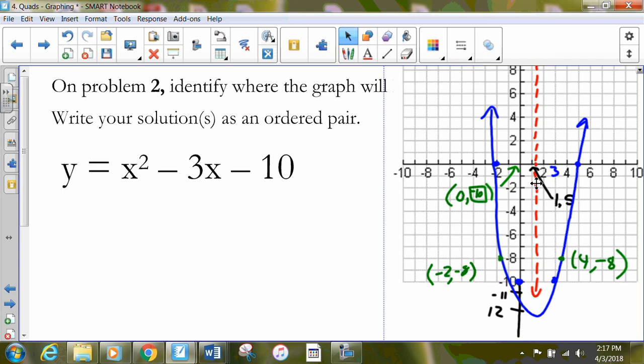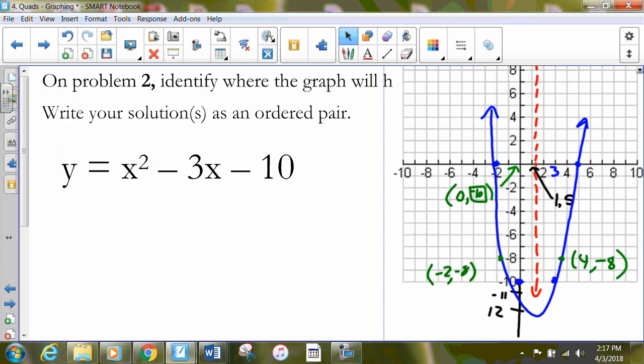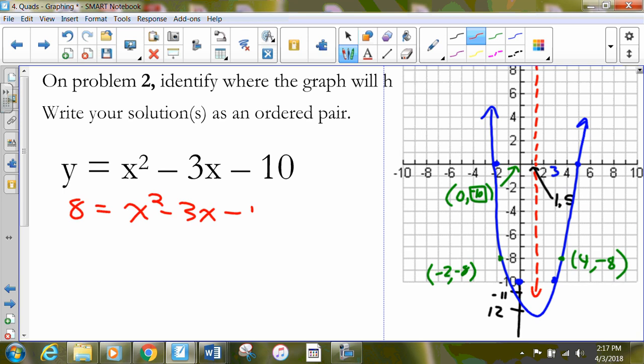So here we go. We've done this before. My graph is covering up the instruction. A y value of 8. All right, so let's plug in 8 for y, and let's go ahead and solve. This is not a square root problem, and we're not going to solve this using square roots. We're going to solve this by factoring. So we're going to get everything on one side so we can have a 0, because we can't factor unless we have a 0.